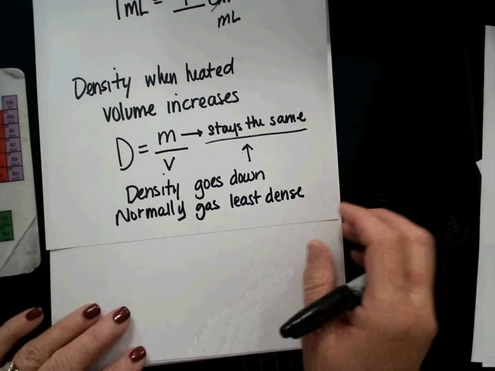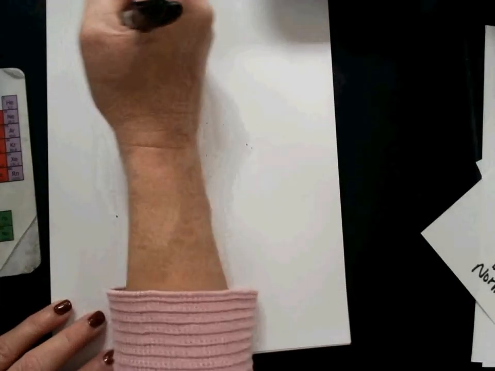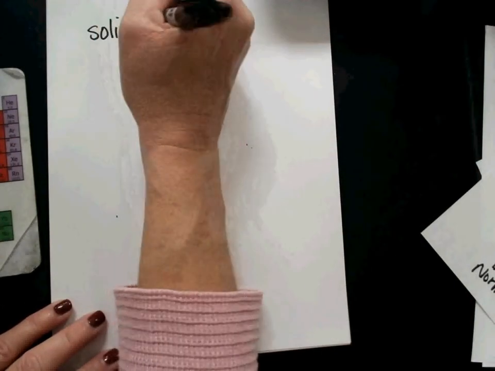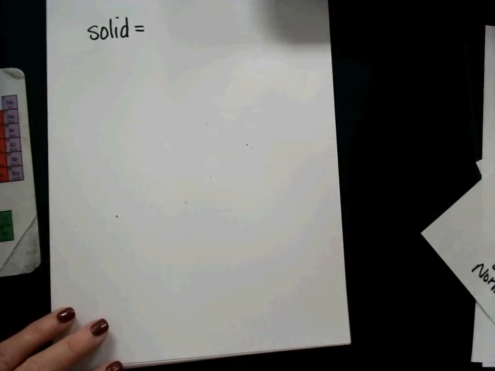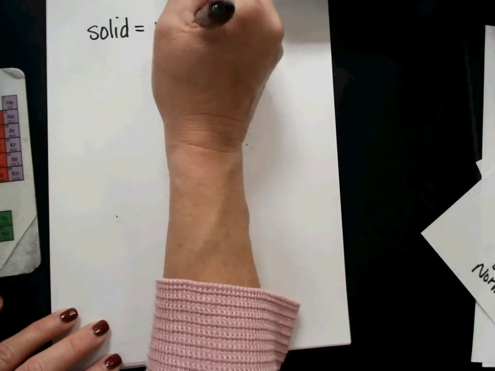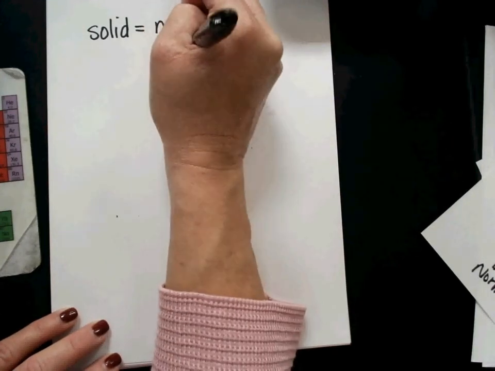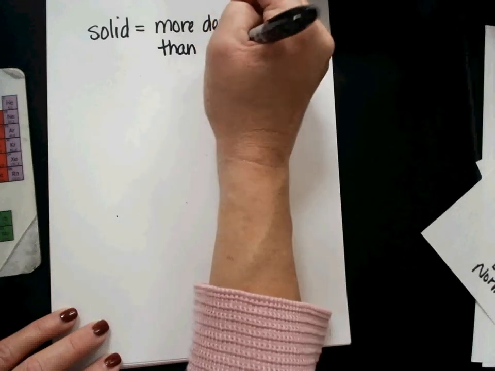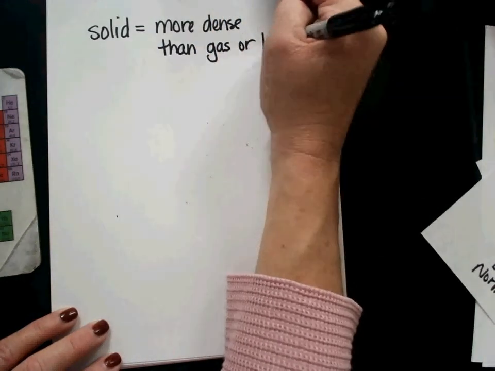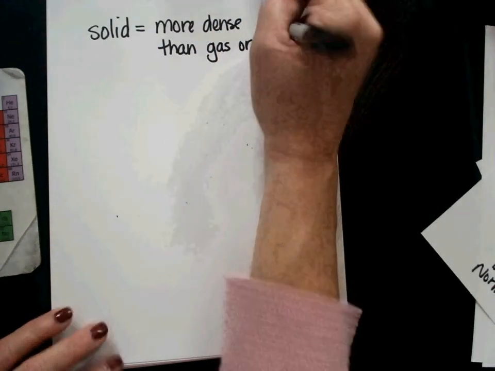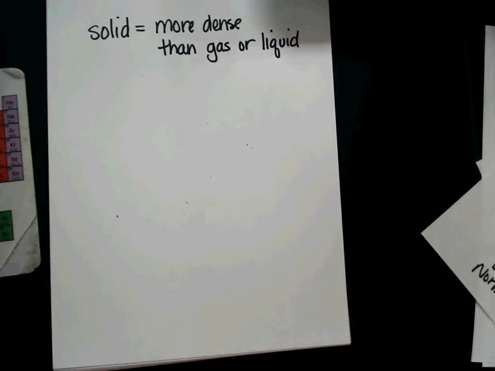Everybody done with this one? What do you think would be true then if I talk about a solid? What's normally true about a solid compared to a gas or a liquid? Yeah, normally a solid is more dense. That is the normal. That is the standard. Now here's my challenge.